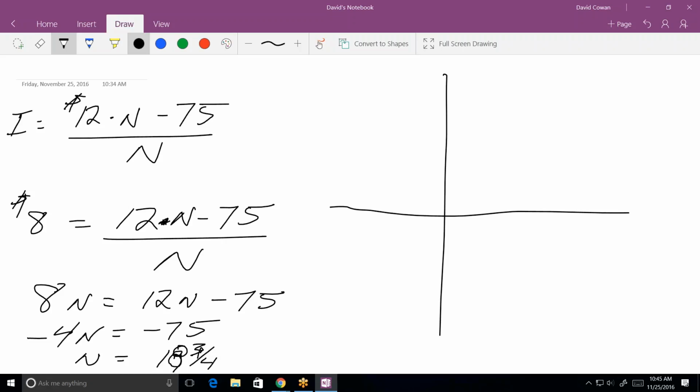So had we graphed this, I'm trying to figure out what this graph would look like. Wow, in other words, n's going to have to be at least 6 to even be profitable.